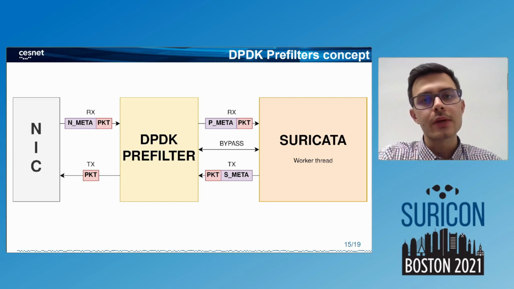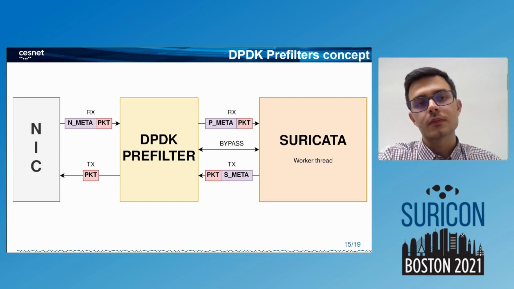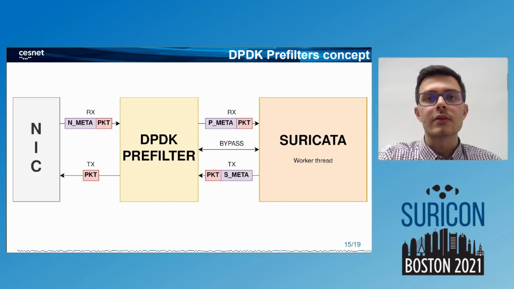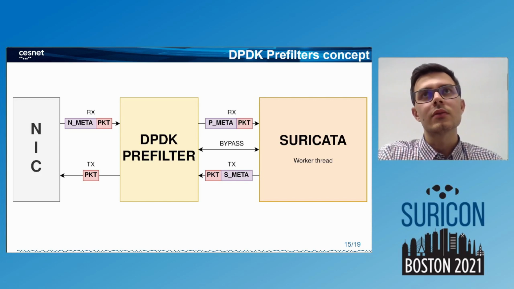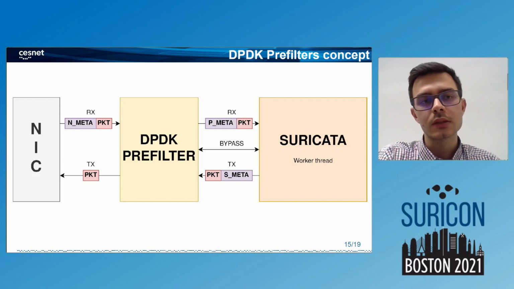Now, Suricata can then look at this meta information, and it can help Suricata with the detection of packet processing, to basically decide faster, according to this meta information, what to do with the packet.